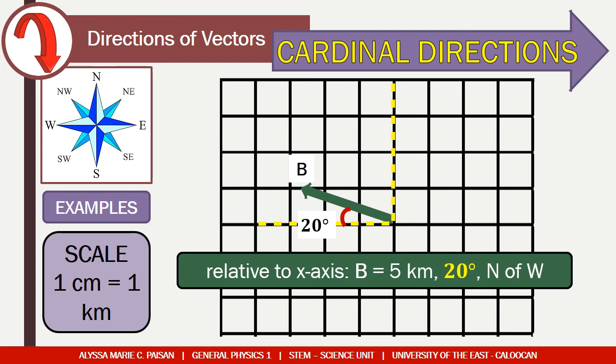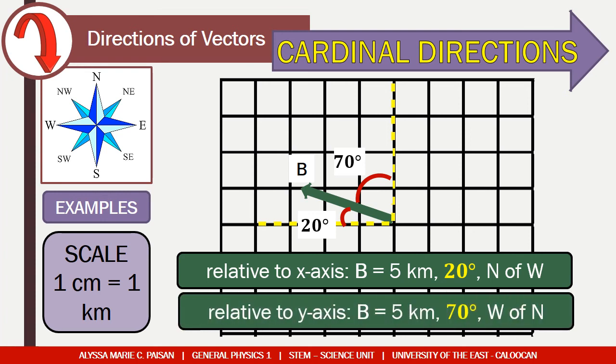And if it's relative to the y-axis, again, we subtract 20 from 90 degrees. So basically, this is going to be 70. And we can express vector B relative to the y-axis as B is equal to 5 kilometers, 70 degrees west of north.